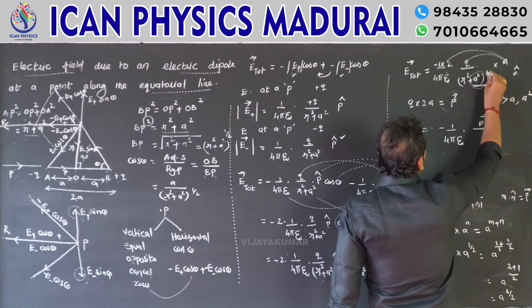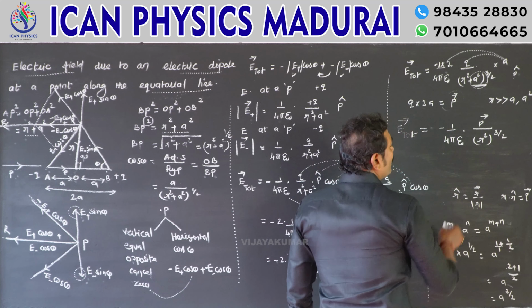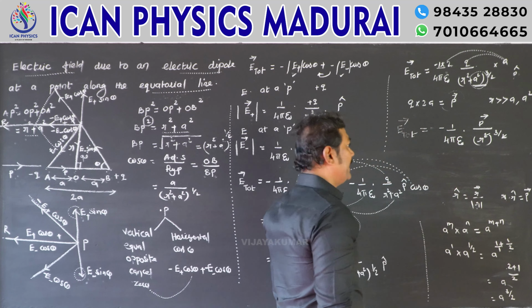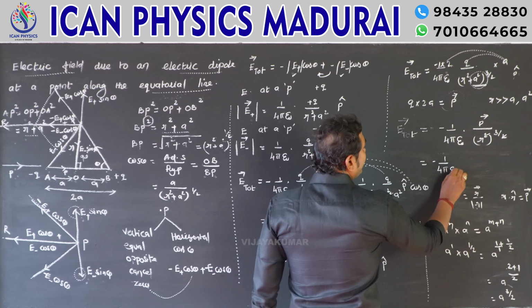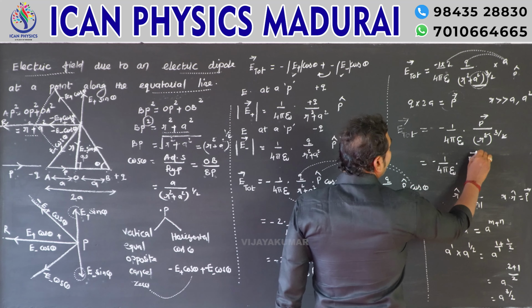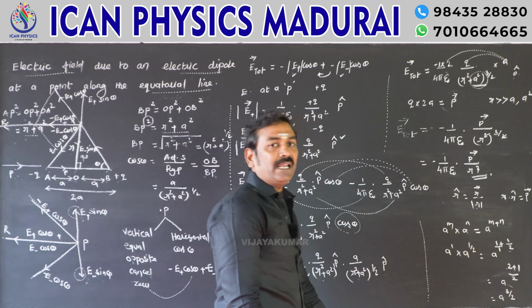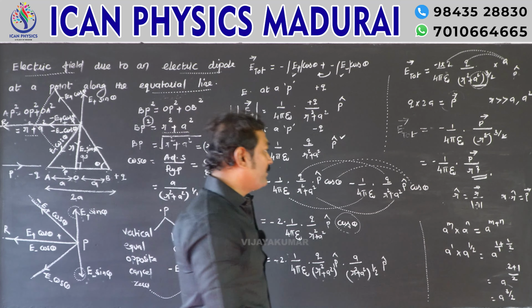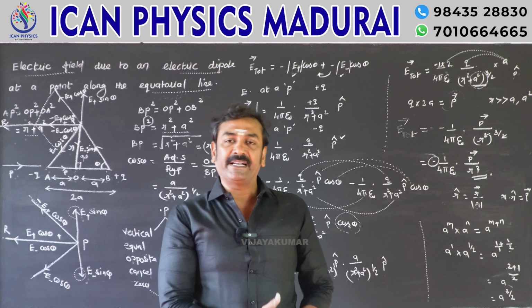If we neglect a squared, we get r squared power 3 by 2. Now the 2 gets cancelled, so minus 1 by 4 pi epsilon 0 P vector by r cube is the total electric field. The minus sign indicates that the electric field is acting in the opposite direction.